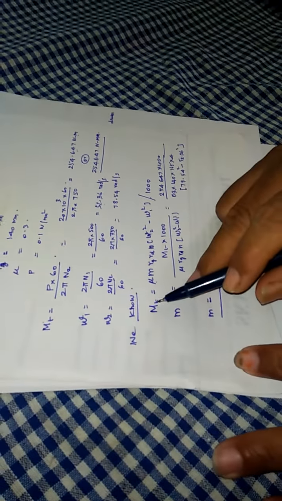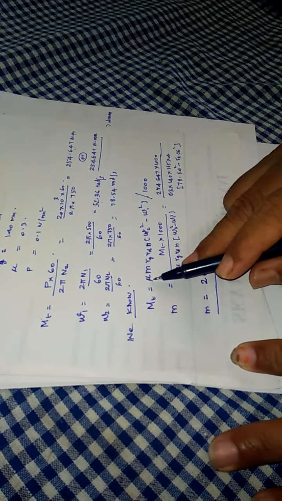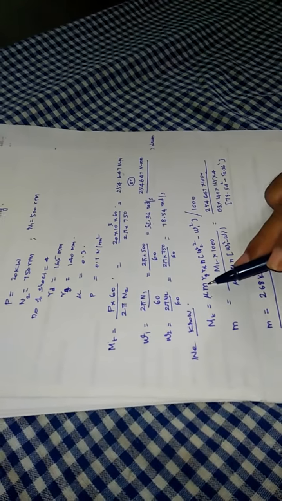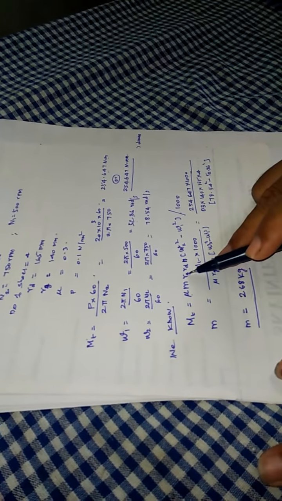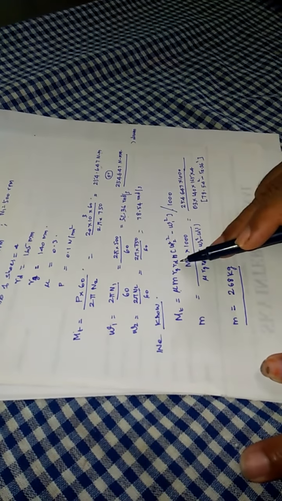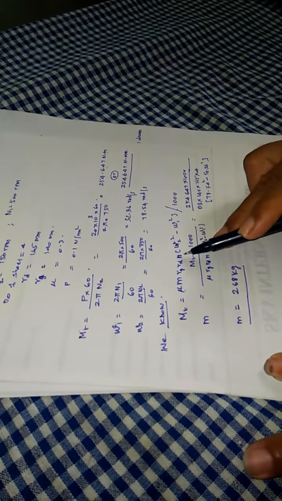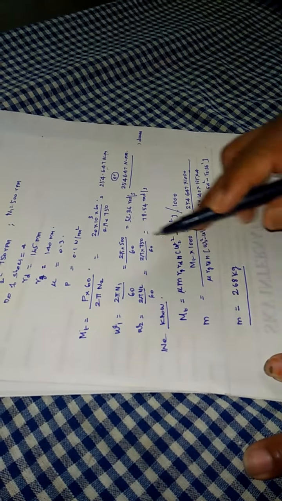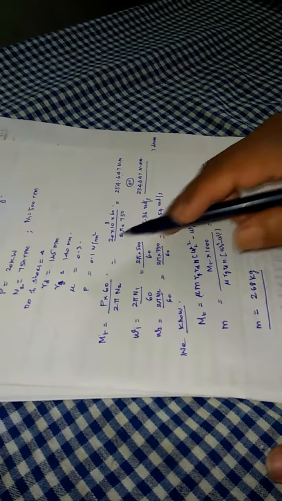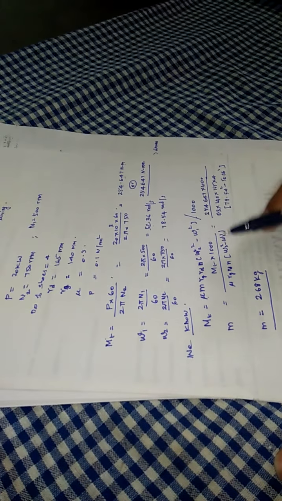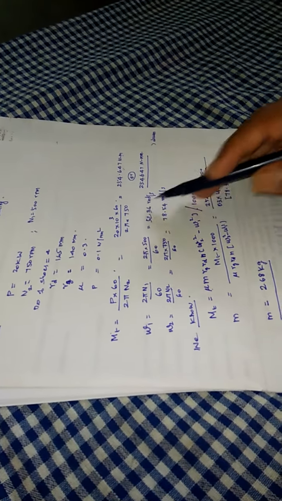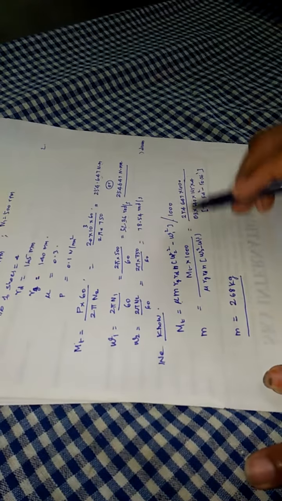Here Mt is equal to mu, the friction coefficient, which is given as 0.3, and m is to be calculated. RG is given as 140 mm, RD is given as 165 mm, N is the number of shoes, which is 4, omega 2, the final velocity, we have calculated as 78.54, and omega 1 is equal to 52.36, right?